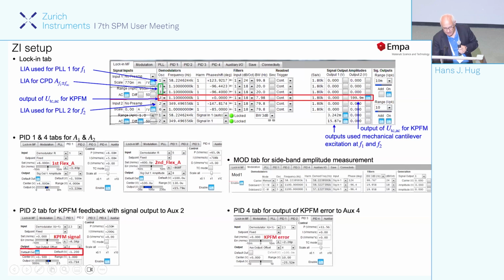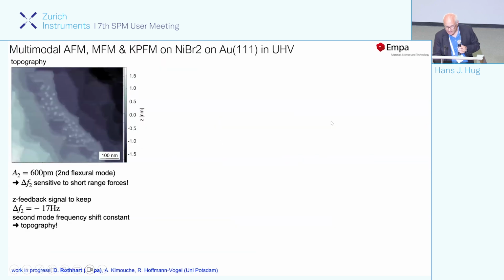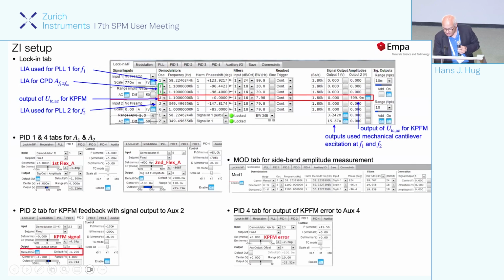And then we have the electrostatic actuation, so that's 1.1 kilohertz. You see these two modes, the first mechanical oscillation mode and the second one, are outputted on the first output, going to the mechanical excitation of our cantilever, whereas the 1.1 kilohertz signal is outputted here on the second channel, and that's going to the tip-sample potential.